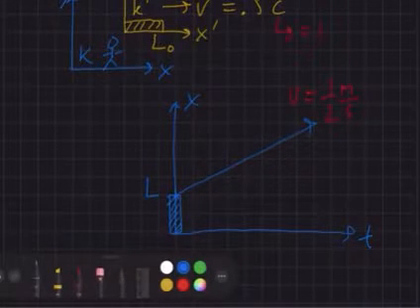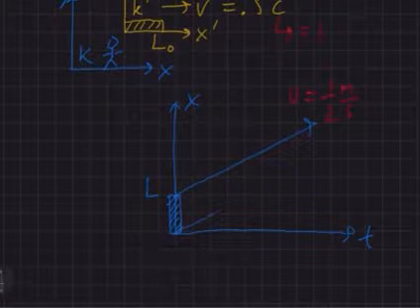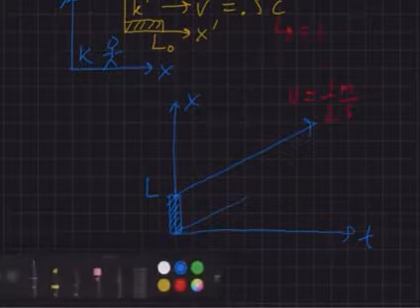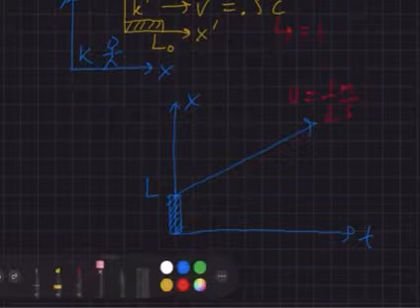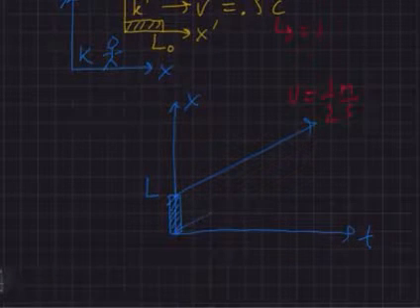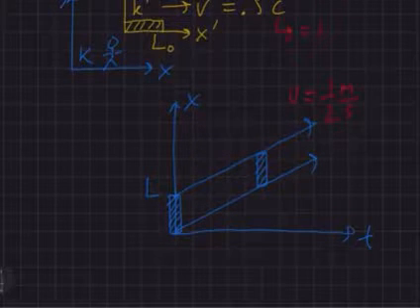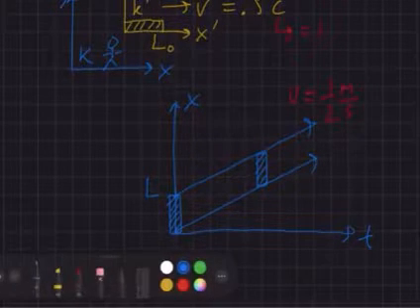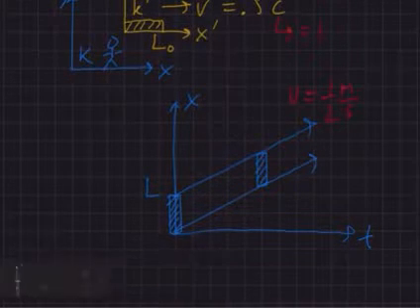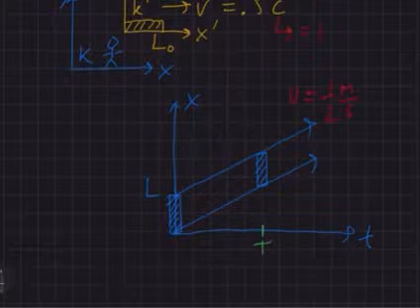The bottom end of the ruler evolves also in x and t, and its slope is up 1 meter over 2 seconds, and so on. And here I draw the ruler again at some arbitrary point in the future. These two diagonal lines are sometimes called world lines by physicists.